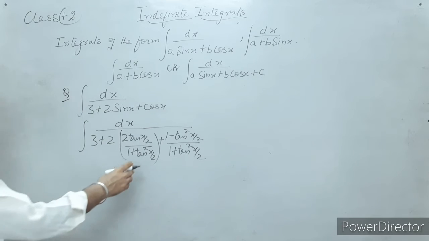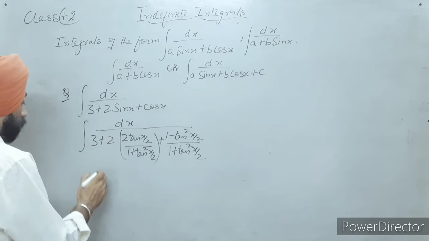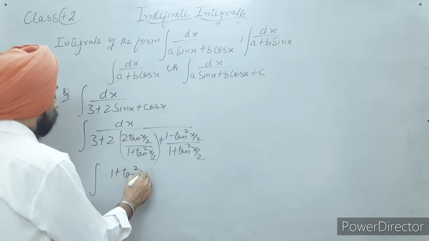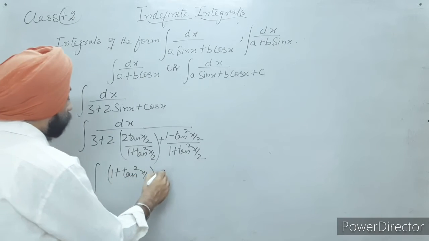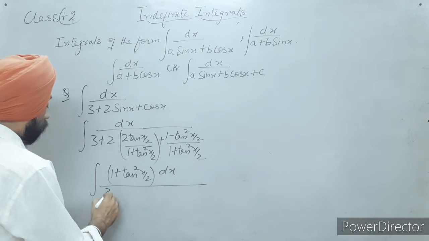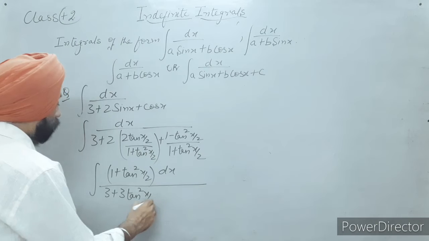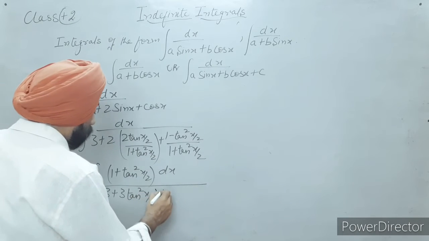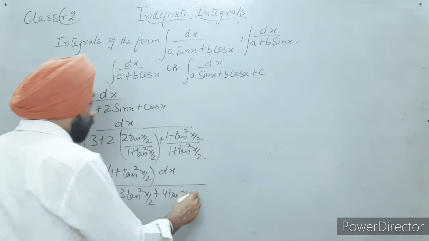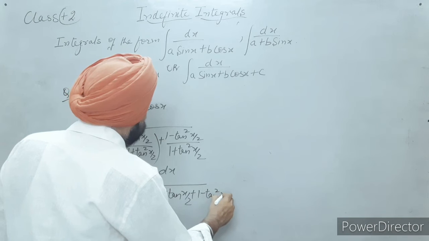Now, 1 plus tan square x by 2 is the LCM. It will come over here and here also. So I get 1 plus tan square x by 2 dx upon, this is 3 plus 3 tan square x by 2, 4 tan x by 2 plus 1 minus tan square x by 2.